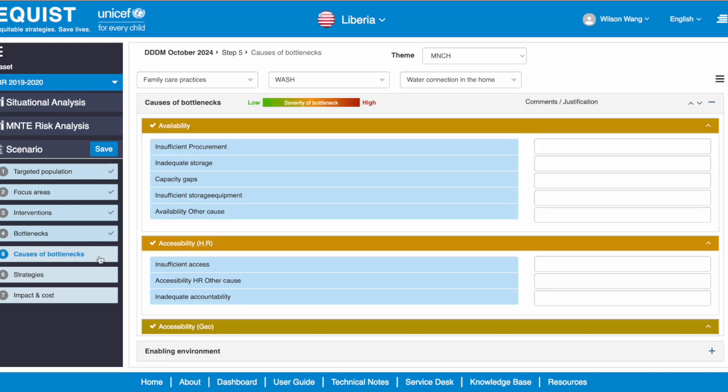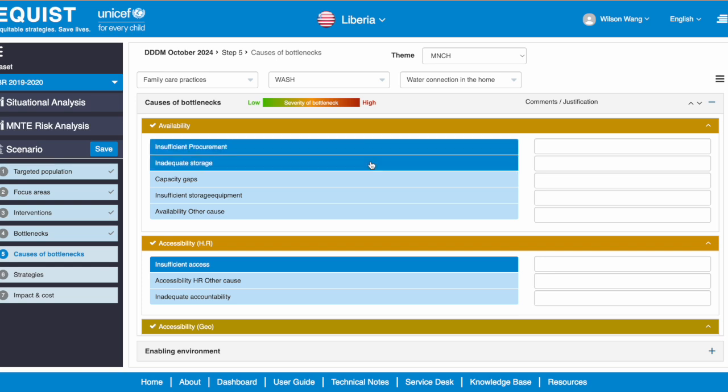We just covered this, but now that you've decided what bottlenecks you're going to look at, what the coverage is for those bottlenecks, now you can decide, okay, I'm going to tackle the causes of those bottlenecks so as to increase the coverage.